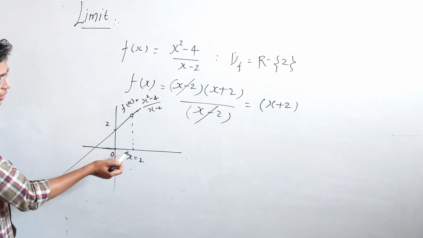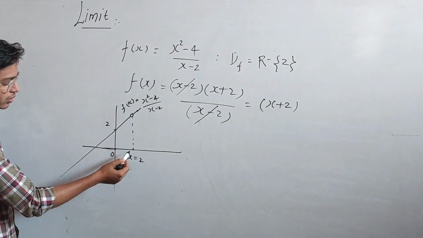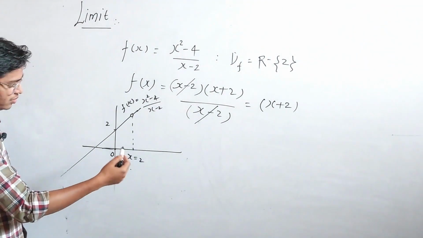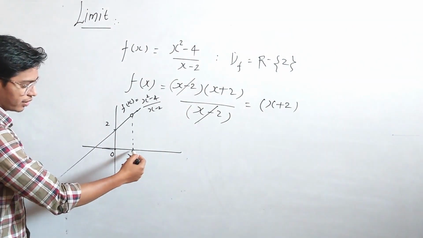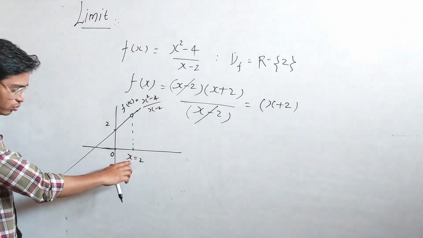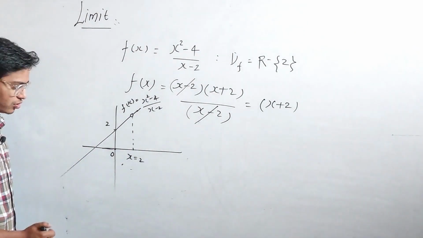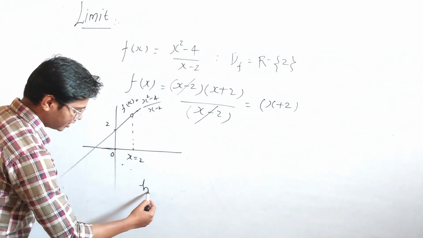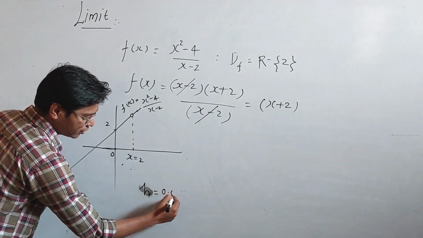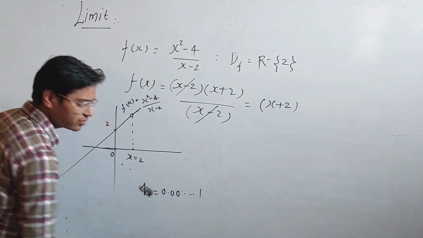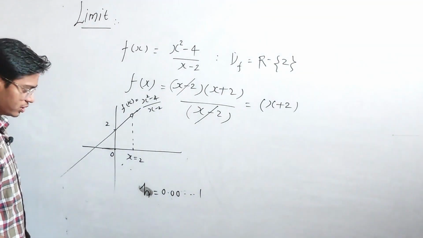If we want to calculate the value of the function at x equal to 2, then we take an infinitely small positive value on the right hand side of x equal to 2 and the left hand side of x equal to 2. Let the infinitely small value be h, equal to 0.00 and so on, that is, an infinitely small positive value.